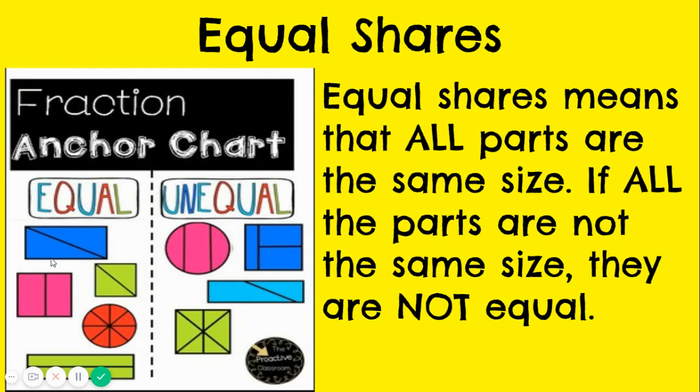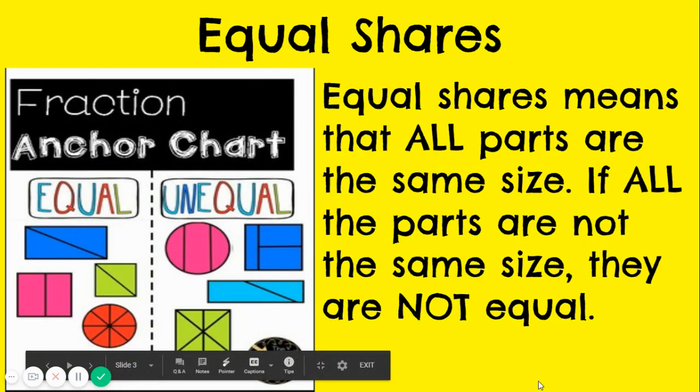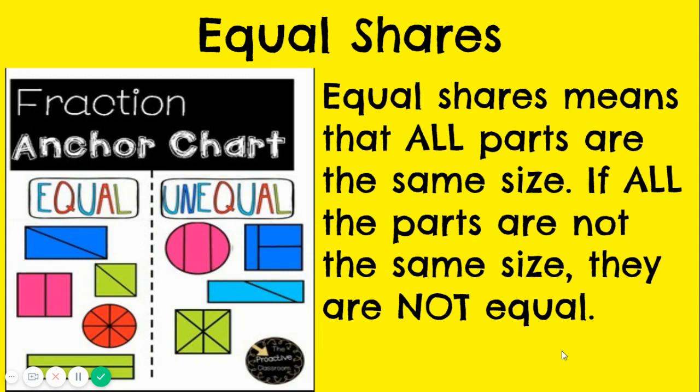Look at the anchor chart. These parts are the same size, so that means they are equal shares. When you are sharing something, in order to be fair, you have to give each person the same number of objects or the same amount of whatever you're giving. So it will be equal shares.